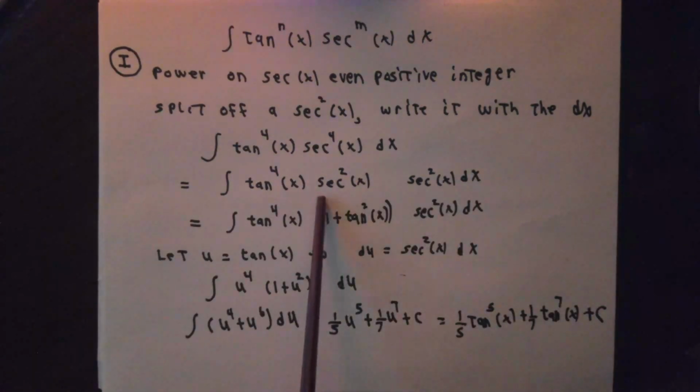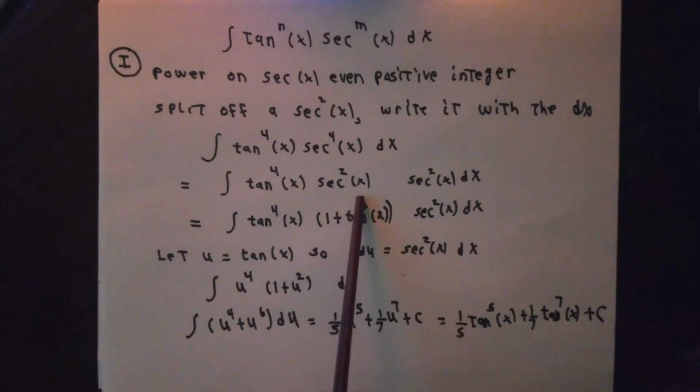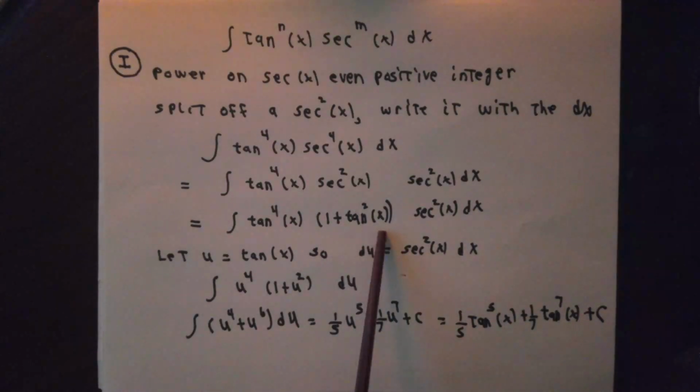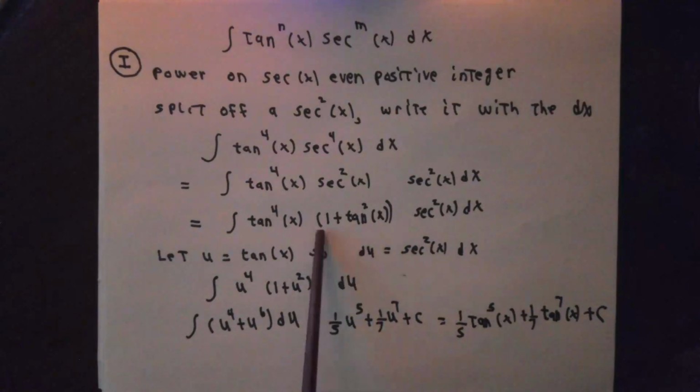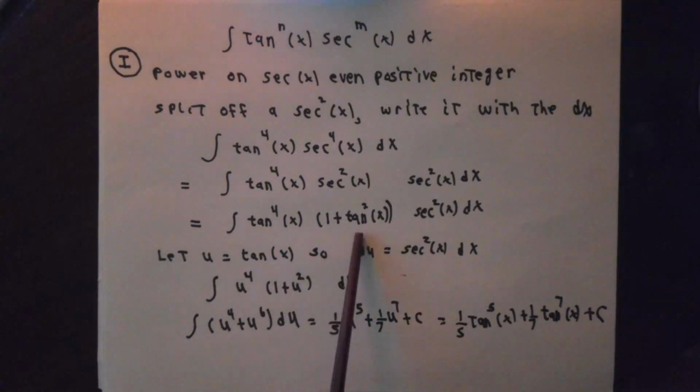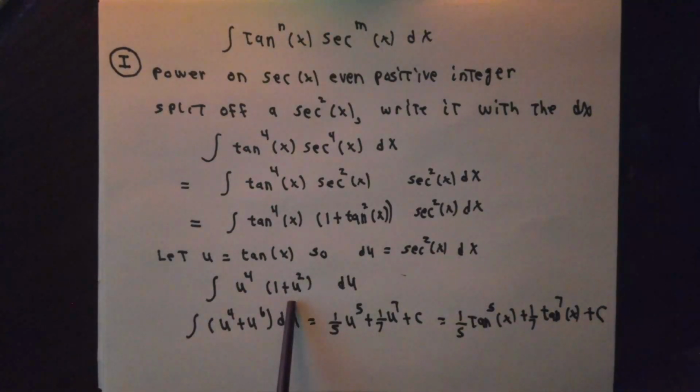I'll write secant squared of x as 1 plus tangent squared of x. The parentheses are necessary. Then I'll let u equal tangent of x. This is the integral of u to the fourth power times 1 plus u squared.